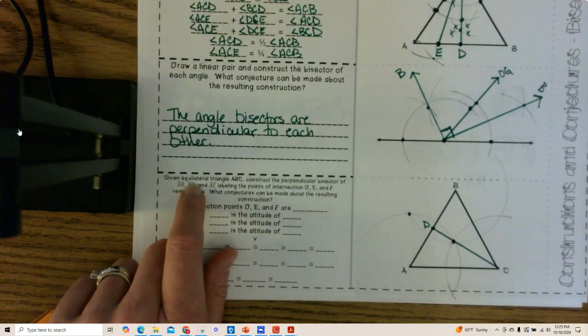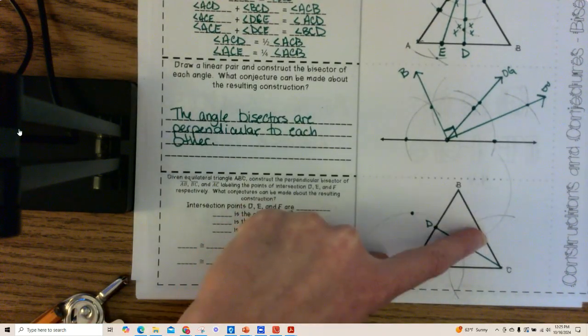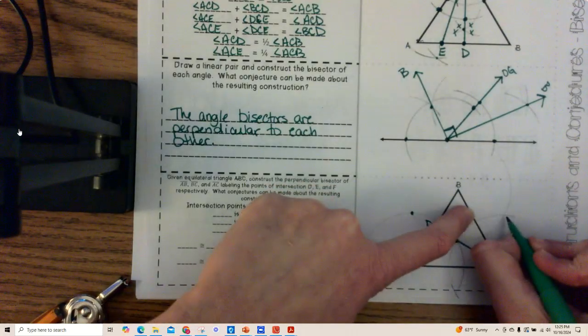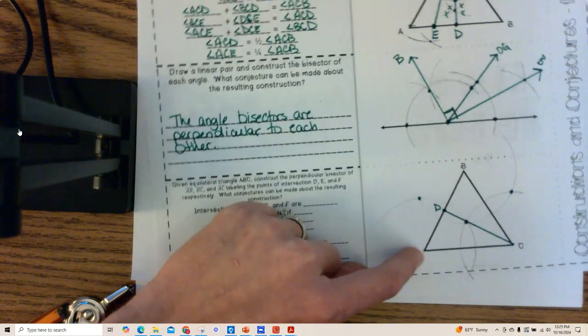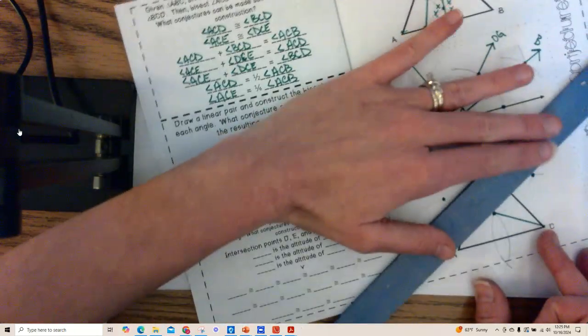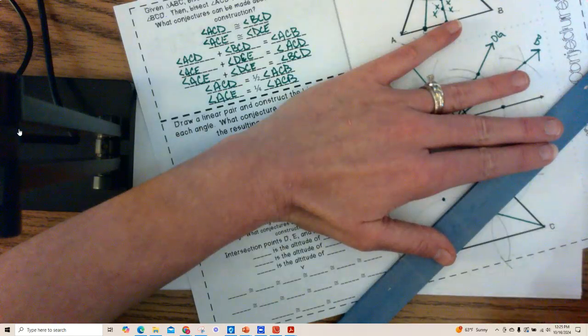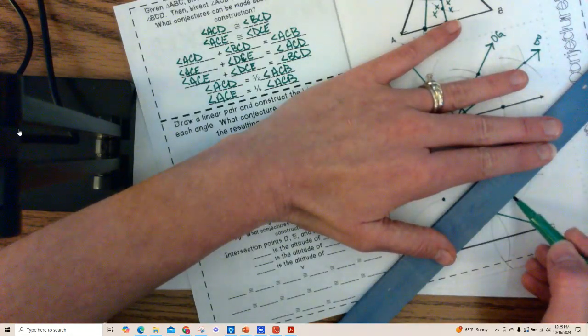All right, the next side we do is BC, so that's this side, which means we need this intersection up here. Line it up with that, line it up with A. But draw that line and stay inside the triangle.